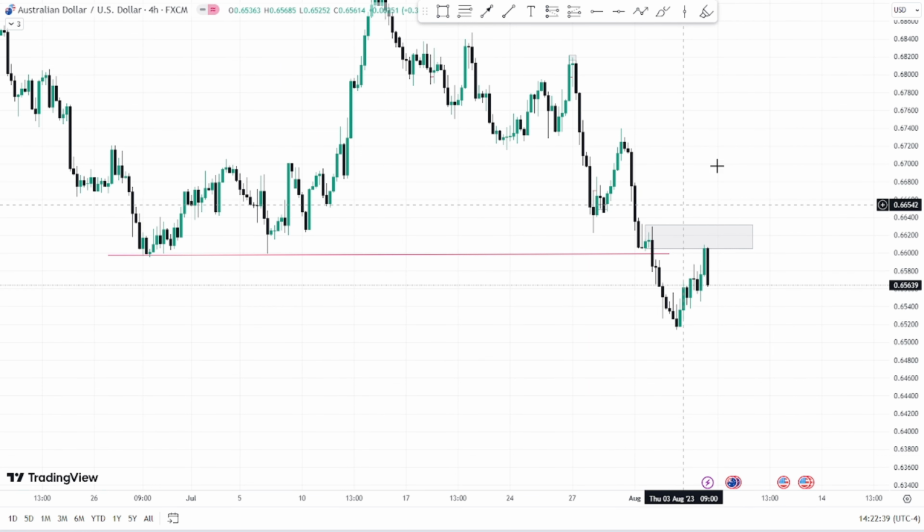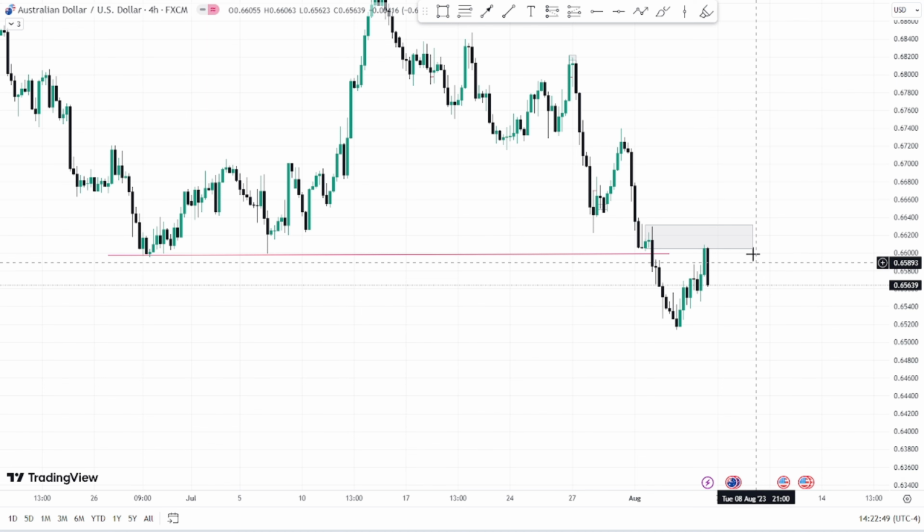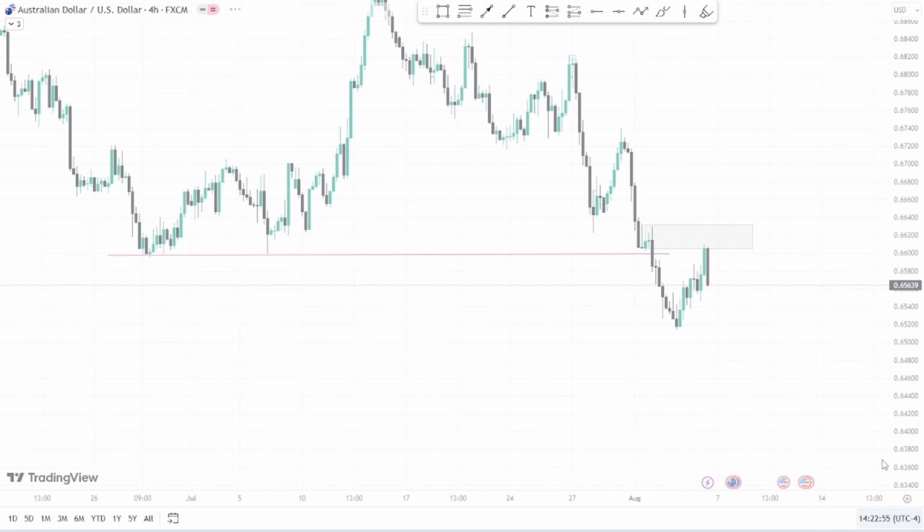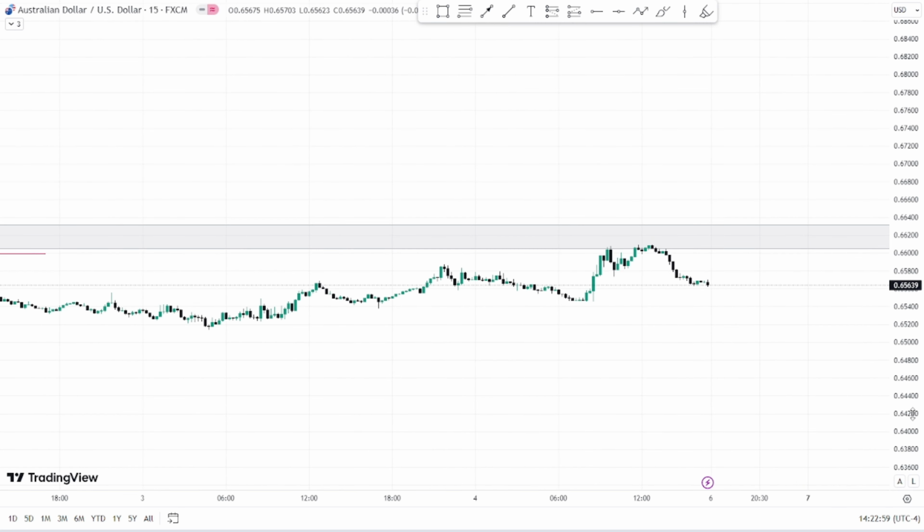As you can see, price broke the structure to the downside, then it went up to tap into that point of interest on the 4-hour time frame. Once price taps into our 4-hour point of interest, we move down to the 15-minute time frame. So let me see if there will be a chance for us to enter there.